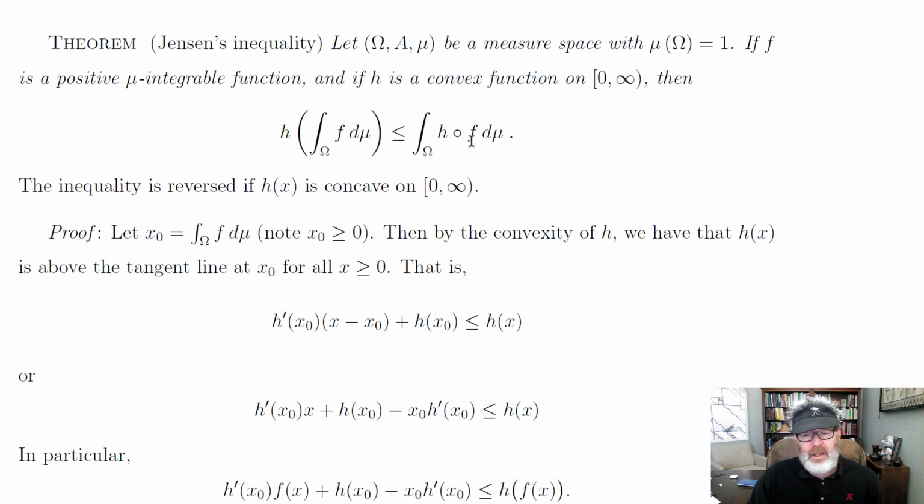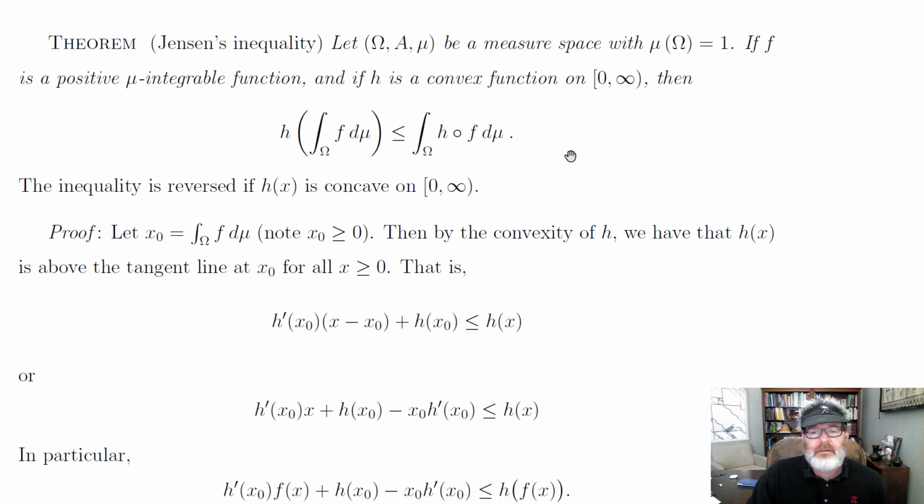So f is always like x, and then you could square or whatever, and those will be concave up. So you can see that squaring first and then integrating is going to be more than if you integrate first and then square.